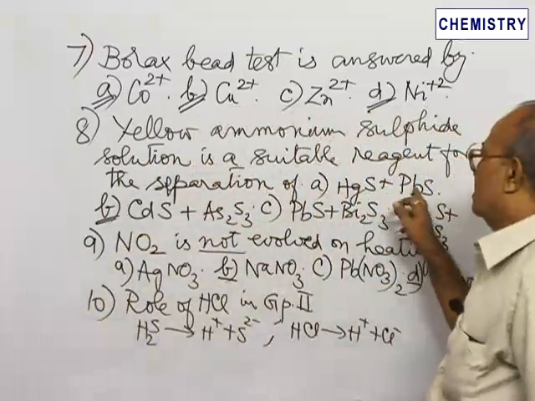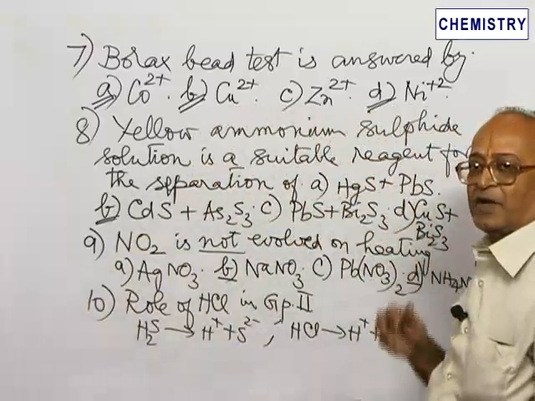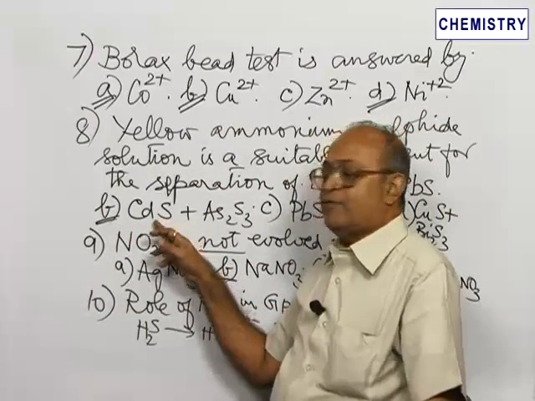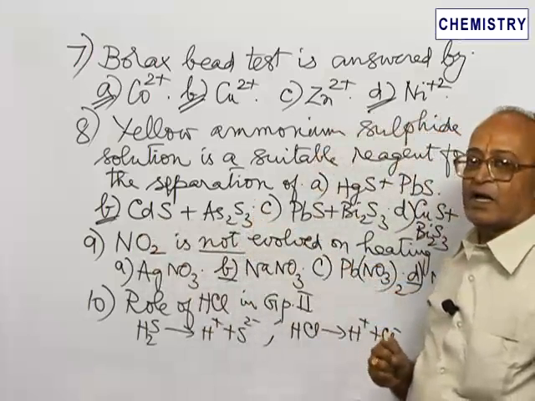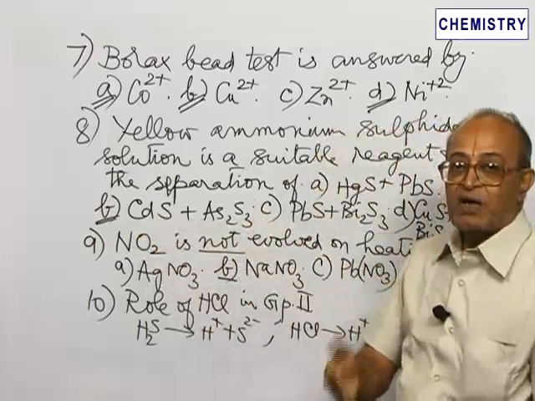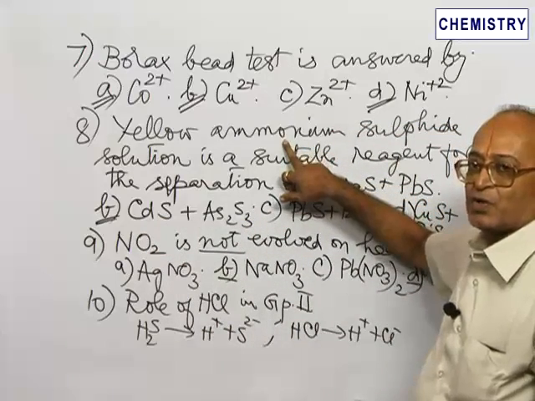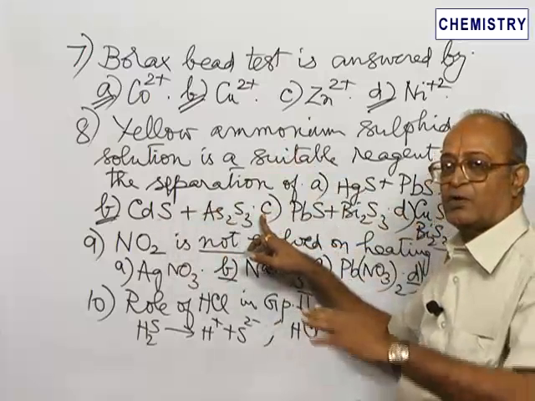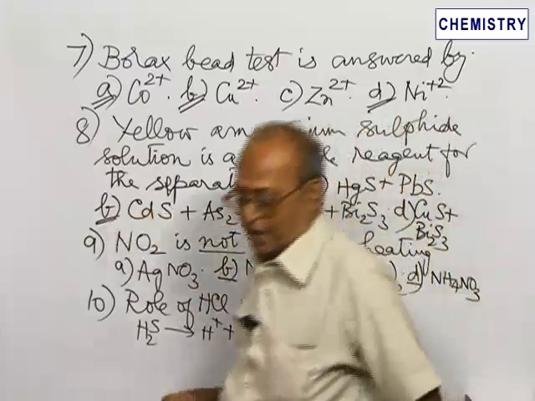Therefore, the correct answer is B, wherein cadmium sulfide comes under 2A and arsenic sulfide comes under 2B, for which we make use of ammonium sulfide solution for the separation of cadmium and arsenic into 2A and 2B sulfide. So, B is the correct answer.